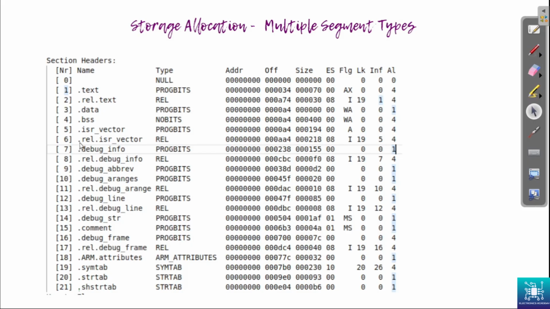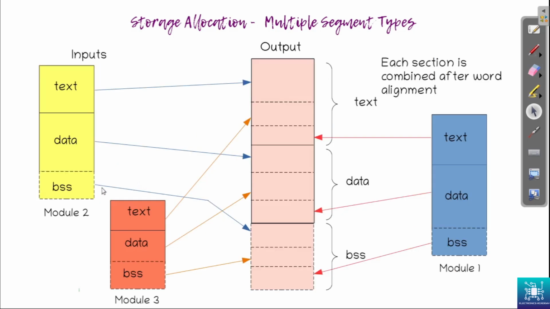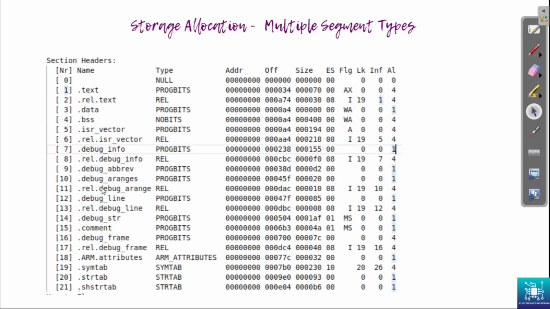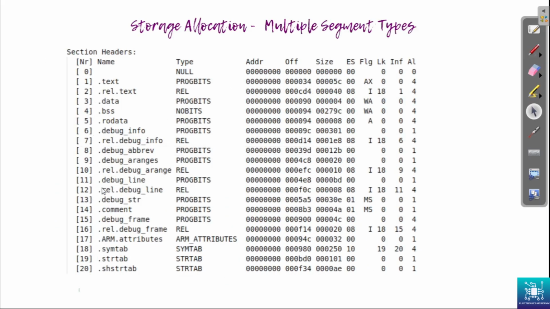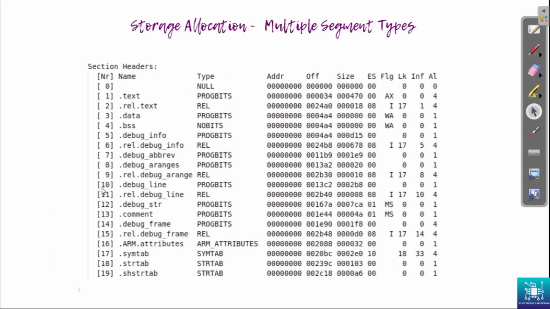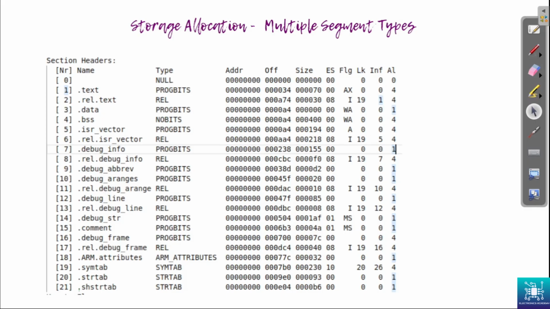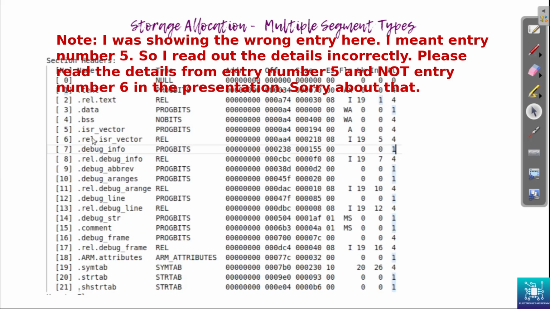One thing you need to be aware of is that here a section is created which is called ISR vector, and that section is not there in the other two headers. Now this is something that has been created by the user, that has been created by you. That is the ISR vector.